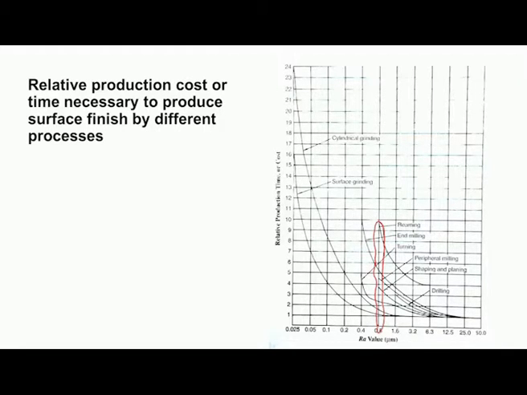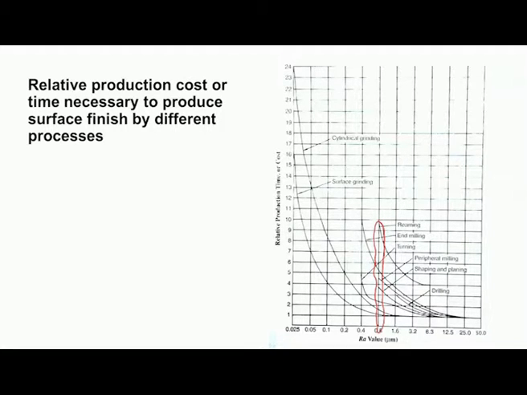Now we can compare the relative production time and relative production cost. When we want a 0.8 micrometer Ra finish, cylindrical grinding will easily give that finish, and the production time will be very short. They will be able to produce that fine finish. Compared to surface grinding and cylindrical grinding, other machining operations consume more time.